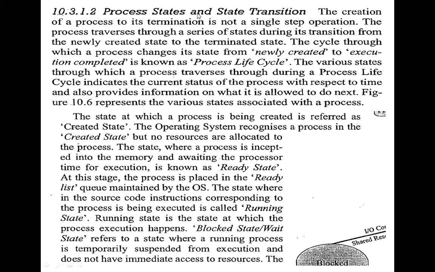Process states and state transitions. The creation of a process to its termination is not a single step operation. It means the process is done in various steps. The process traverses through a series of states during its transition from the newly created state to the terminated state.